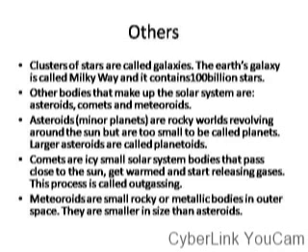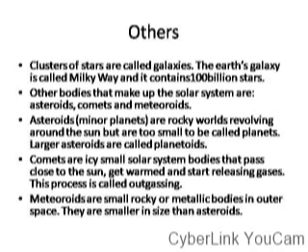And for the Earth, the galaxy visible from Earth is called the Milky Way, and there are about 100 billion stars in it. Other bodies that make up the solar system are asteroids, comets, and meteors.